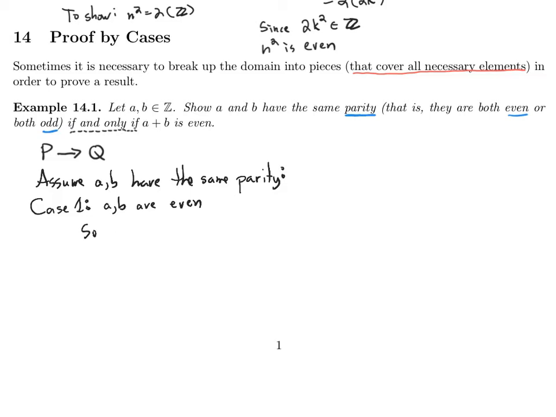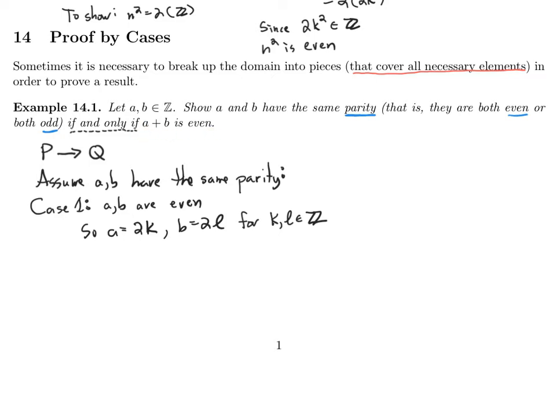It means that A is 2 times some integer k, and B is 2 times some potentially different integer L. And again, I'm introducing the symbols k and L. Better tell you what they mean. They are integers. And I'm not going to write the to show for this one, but we do want to show that the sum is even.